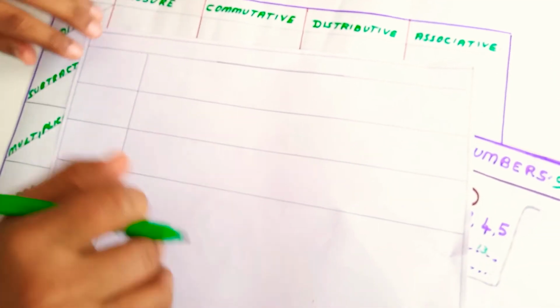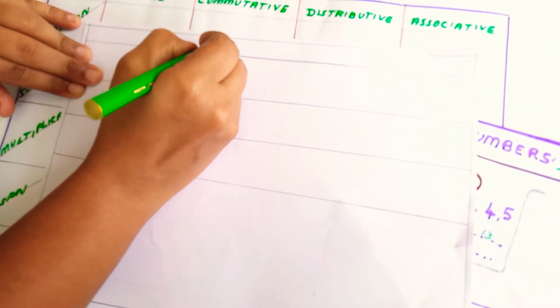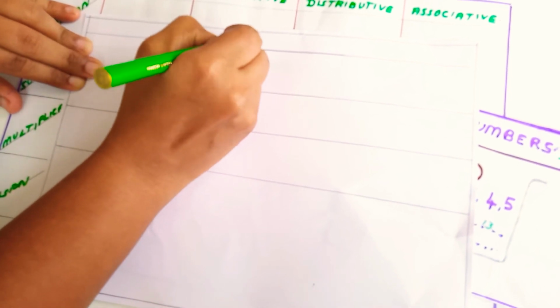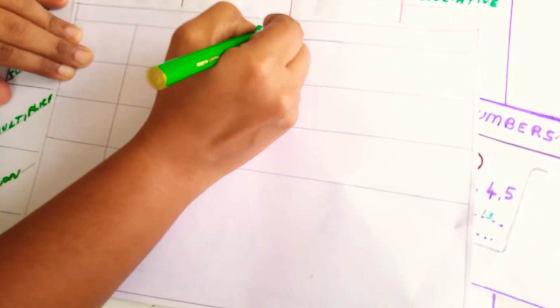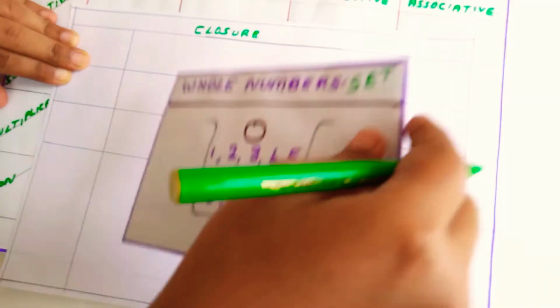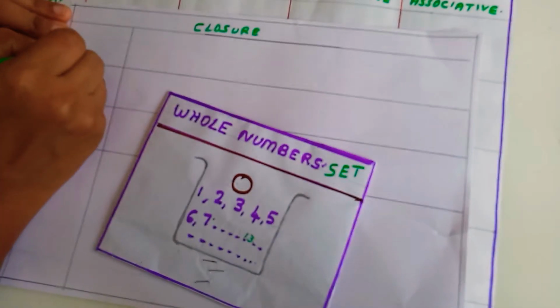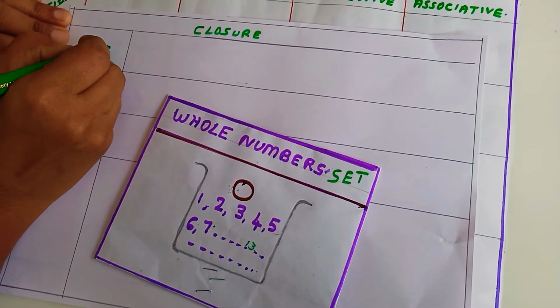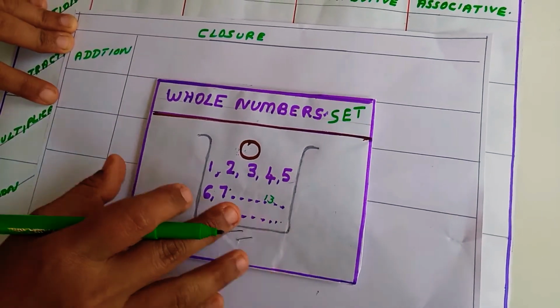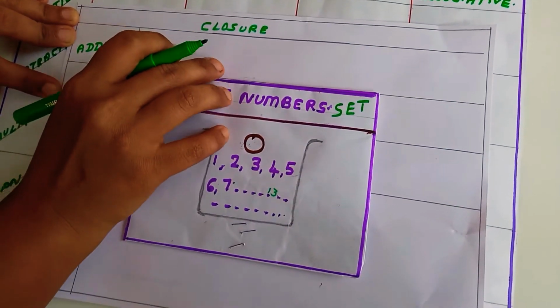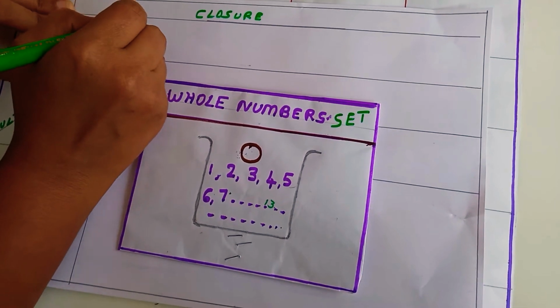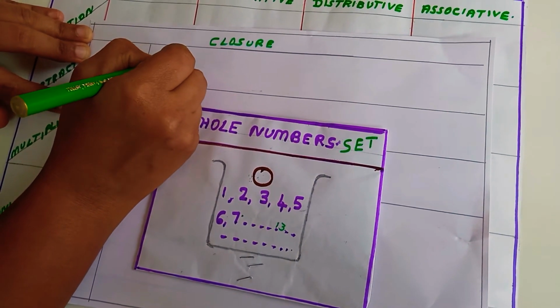See, in this class, closure property. For addition, just take two numbers. I am taking 2 and 3.